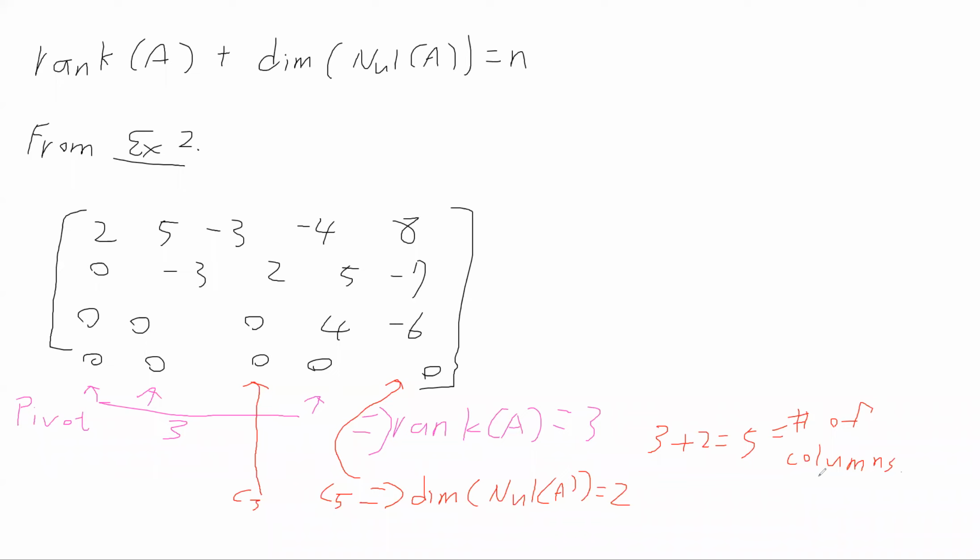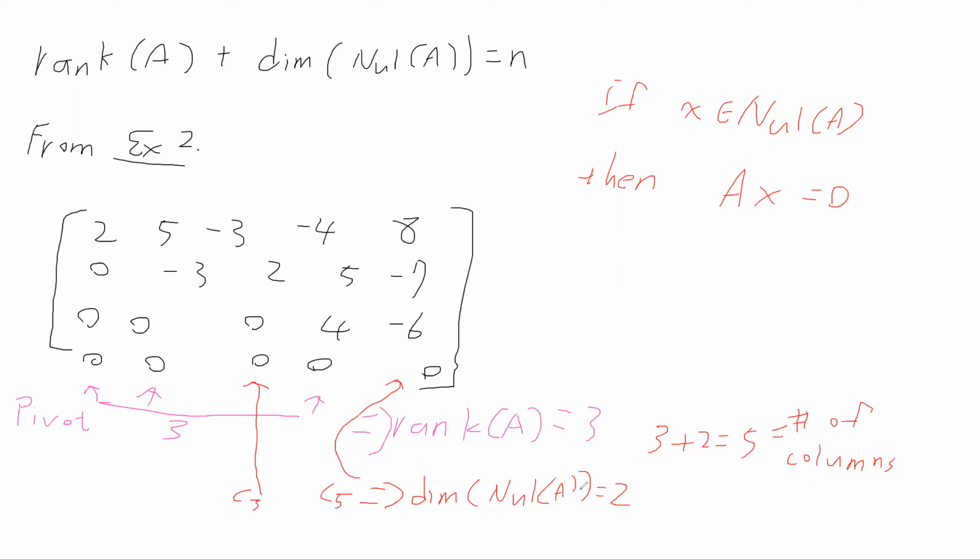Now, do you guys remember the definition of null space? Okay. If a vector is in the null space, let me write it down. If X is in the null space of A, then A times X is always equal to 0. Okay. So what this is saying is the null space can be spanned by two vectors.